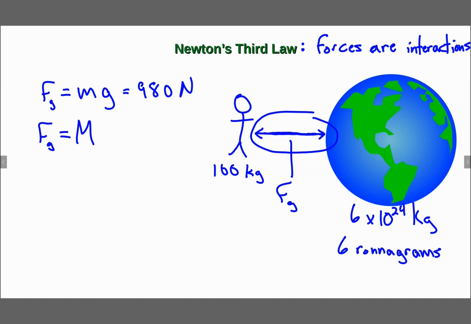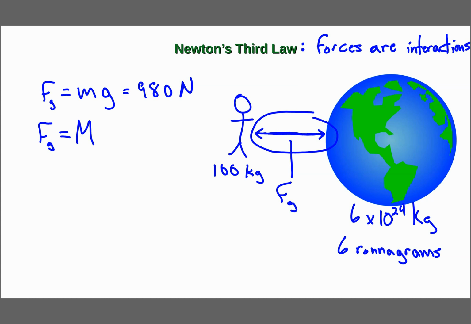And you've probably never even heard the prefix ronna before, because 10 to the 27 is such an absurdly large power of 10, right? I had never heard it before. I had to look it up.